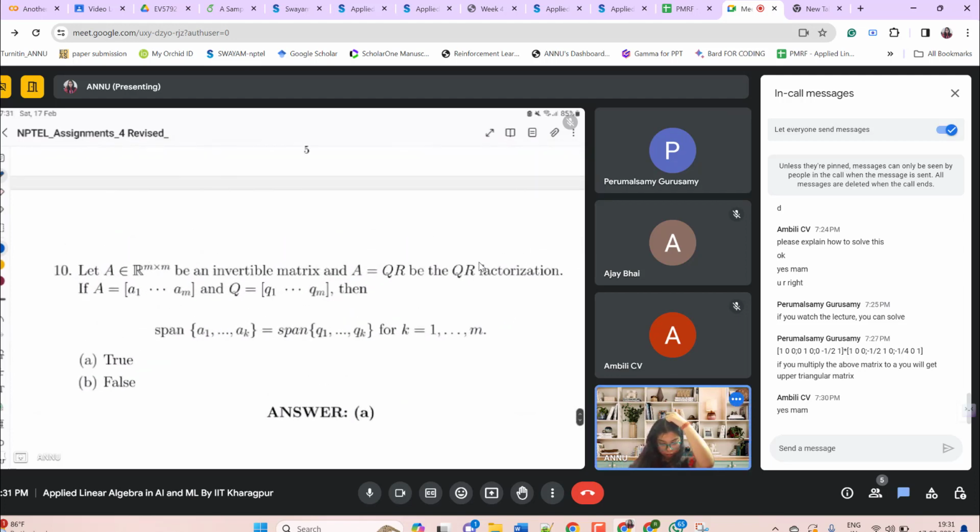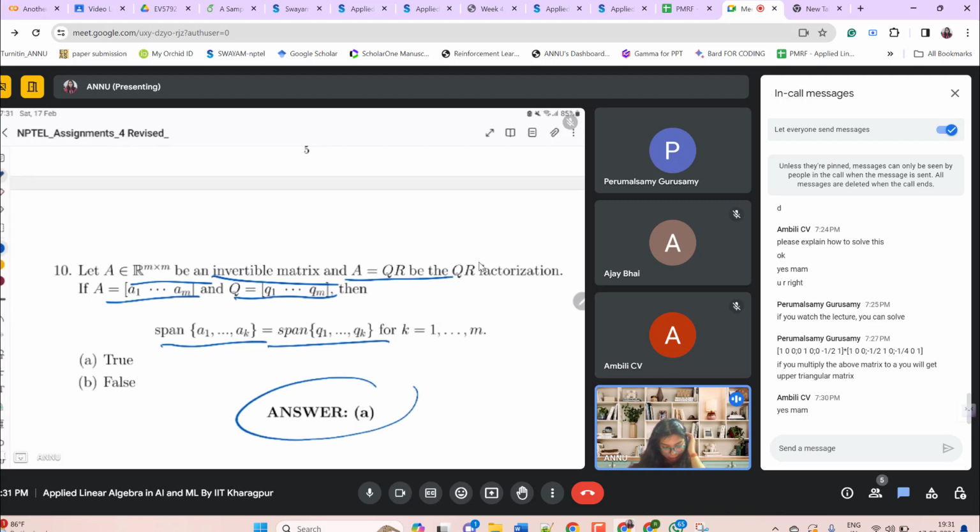Let A be this invertible matrix, and A is QR. If A is this one, then the span of this one is equal to this one. The answer is true. Let us understand how. We are doing A equals QR.